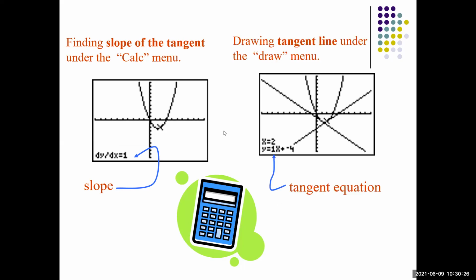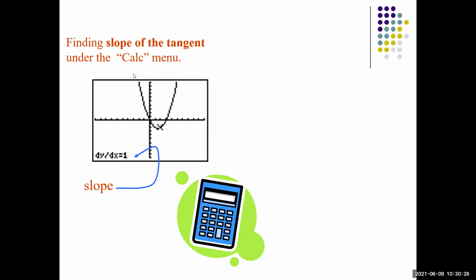So if you want to check the slope of the tangent line using the graphing calculators, you can go to the graphing calculator TI-83 and you're going to go to graph first, okay? So what you can do is graph, let's say, y equals x squared, you enter the formula. And then once you're done graphing, you go to the calc menu.